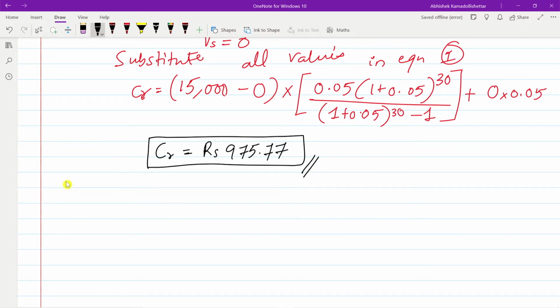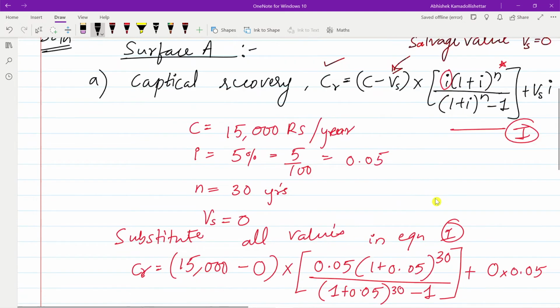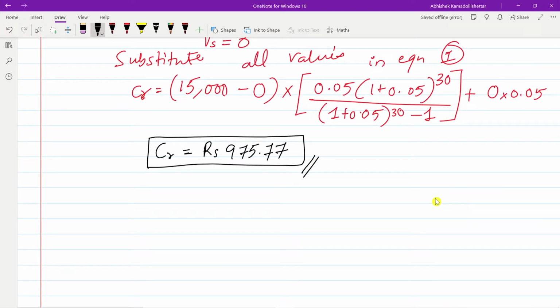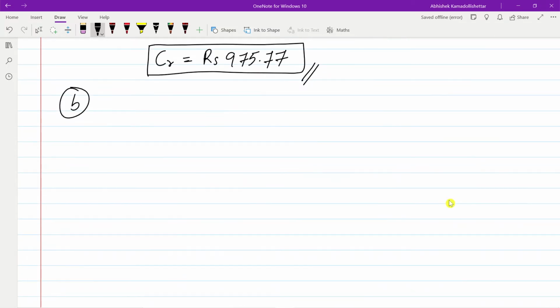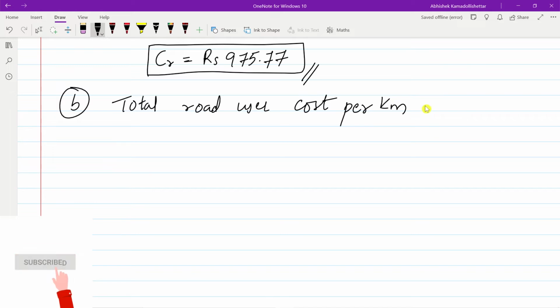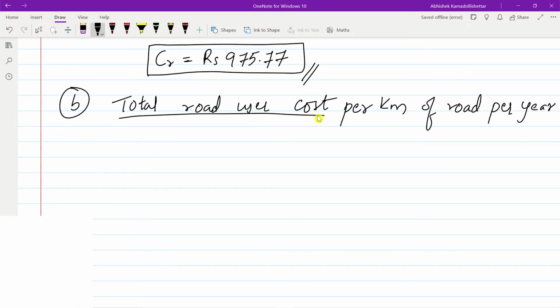This is the capital recovery CR, and next we have to calculate the total road user cost per kilometer of road per year.